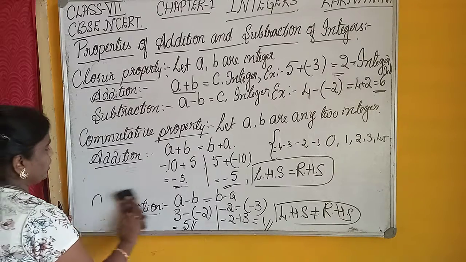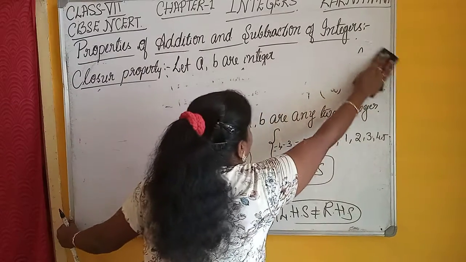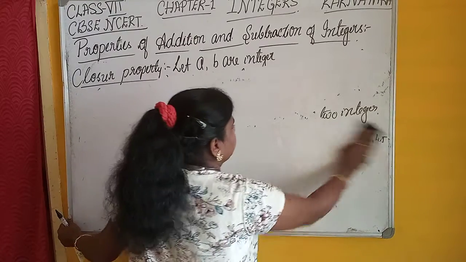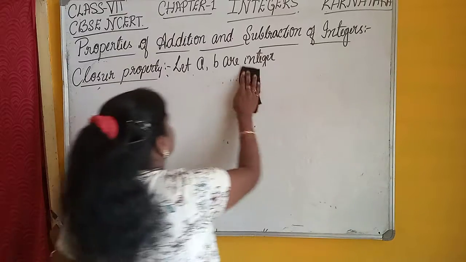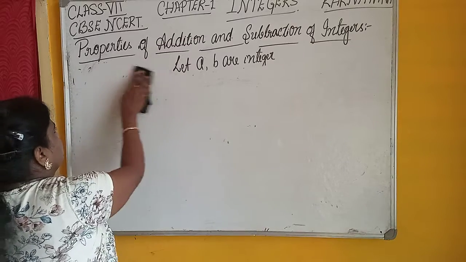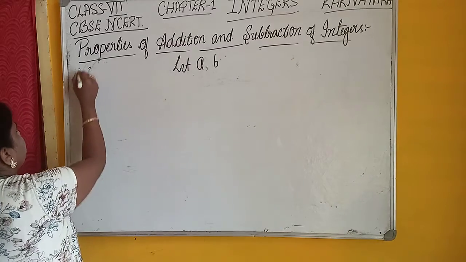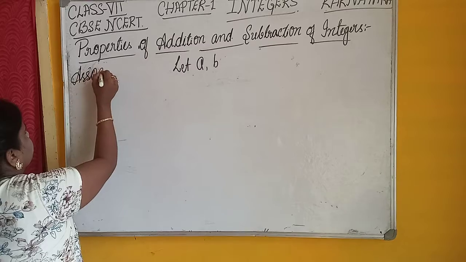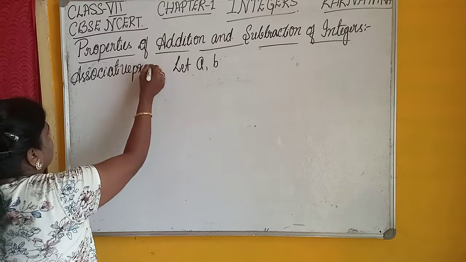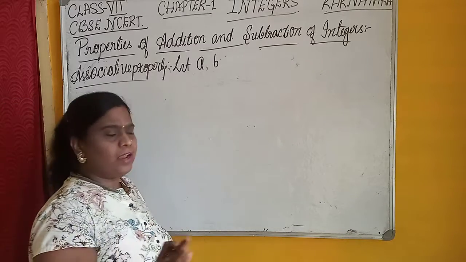Let us move on to our next property, that is the associative property of addition of the integers. Here we require three integers.